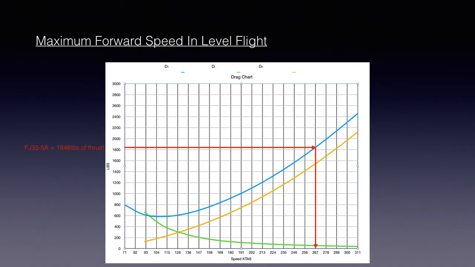This is showing about 267 knots. It would be the speed that we could maintain in level flight with the thrust that's available from this engine. Let's take that data and double check ourselves using the drag table, and we'll see where we fall.